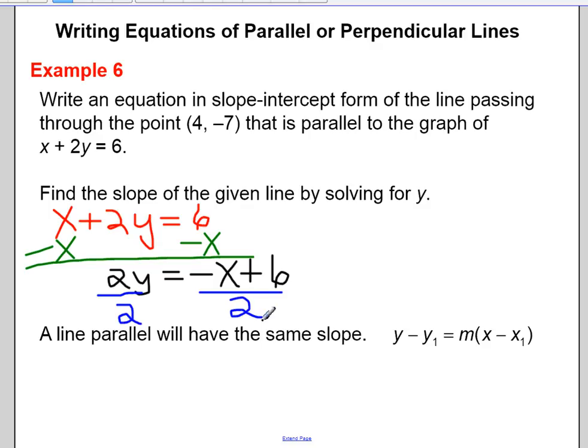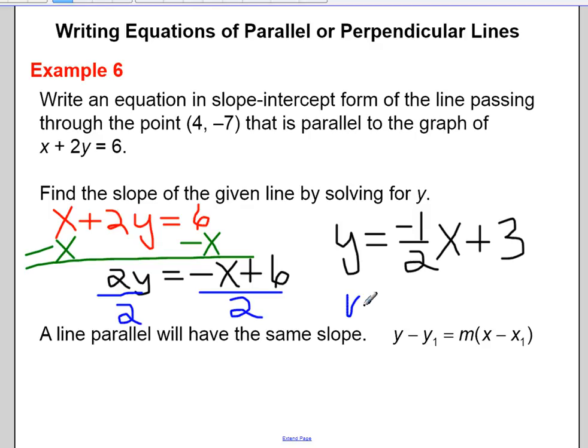On the left side we have y, and on the right side the negative x over 2, we can write as negative 1/2 x, plus 6 over 2, which simplifies to 3. So the slope of the given line is equal to negative 1/2.